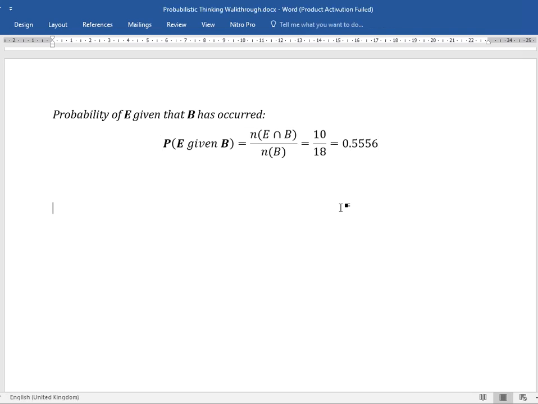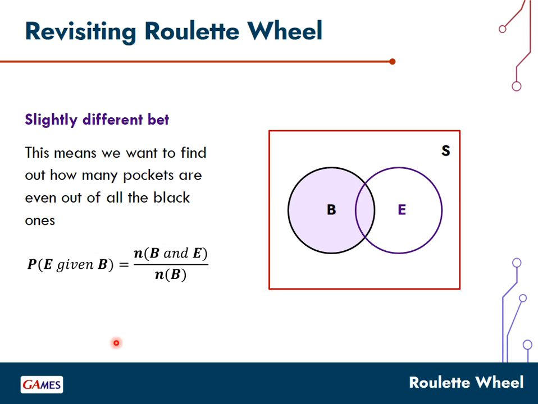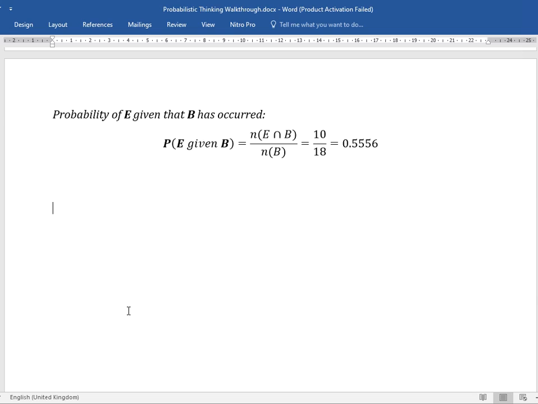So that's the probability of E, given that event B has occurred. So we look at this bet. Now take a look at this. Which is a better bet to take just based on that probability alone? If you look at what you're getting here, you are getting 0.556. So the probability that event E would occur, given that B has occurred, is 0.556.